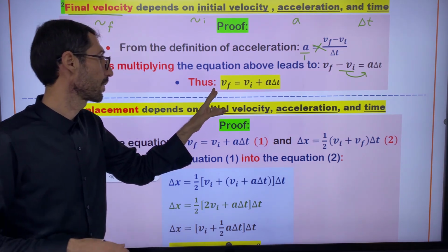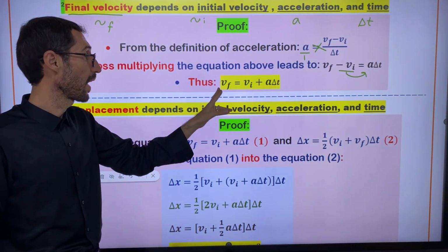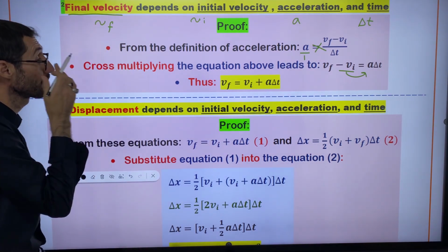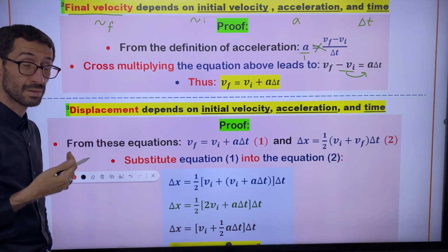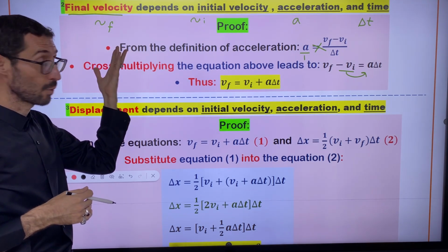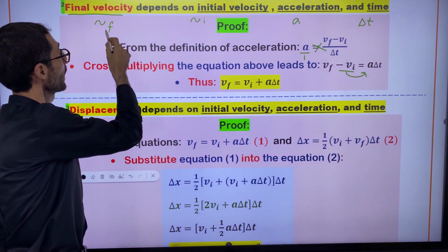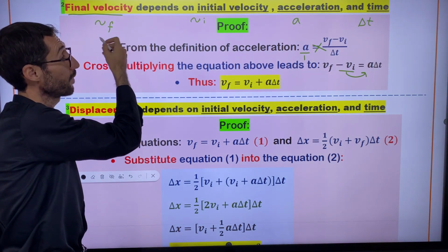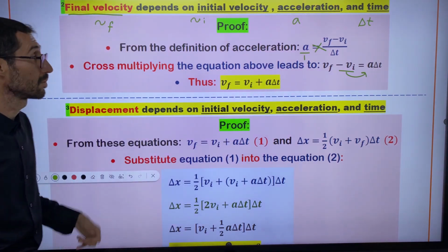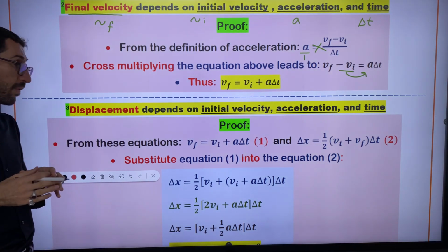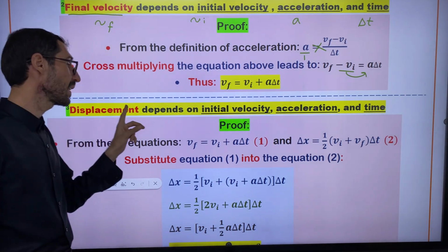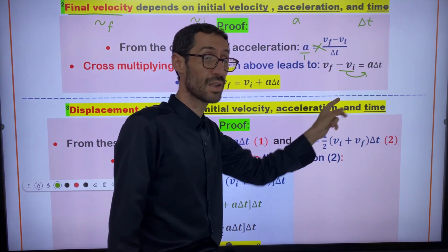That's why the last form of the equation is V final is equal to V initial plus A delta T. And we reached our goal. We looked for the rule for v final that includes these factors, and this is the result of our proof.